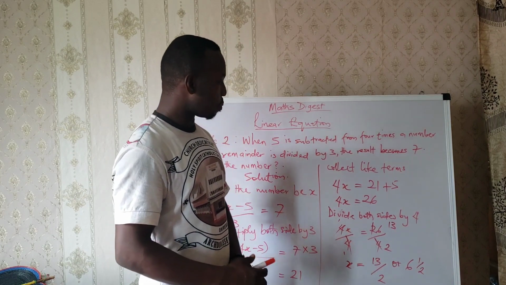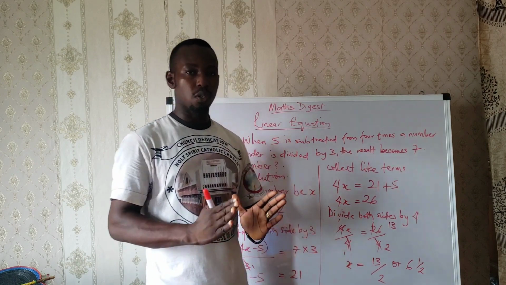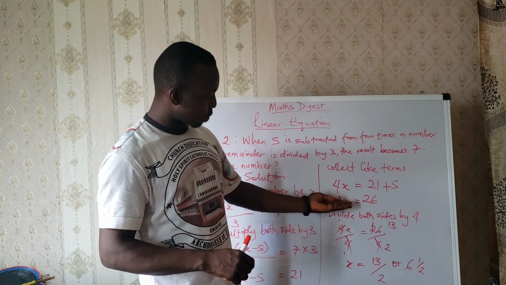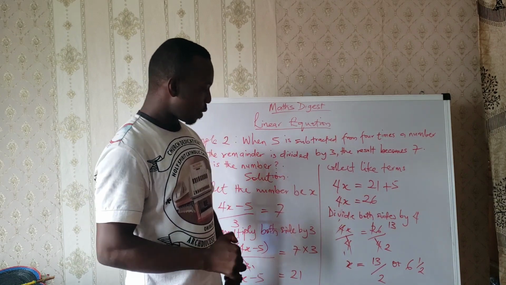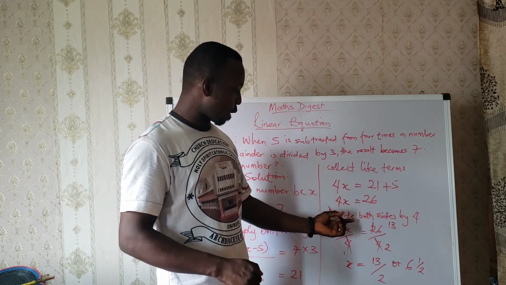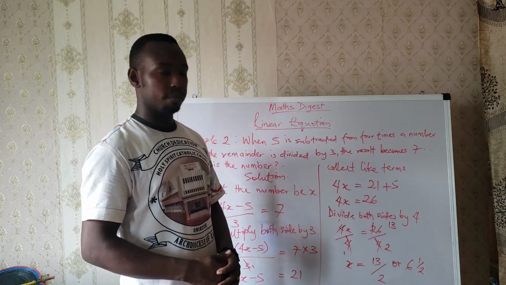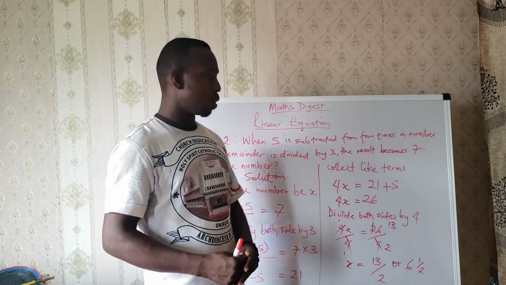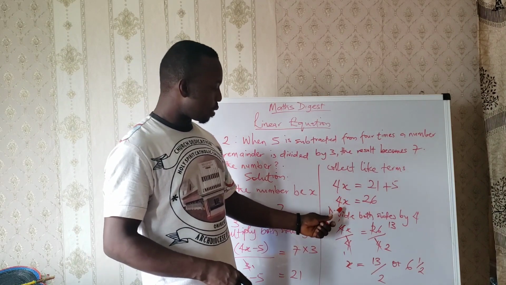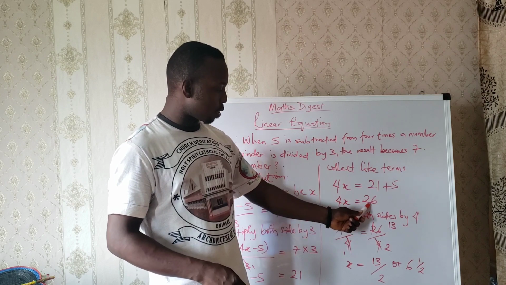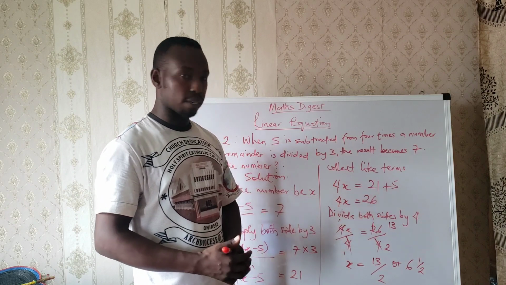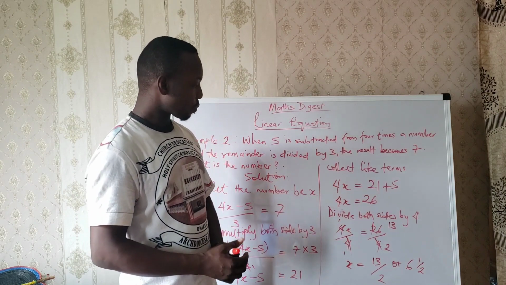Now, sorry for those that find it difficult to understand mathematics. I'm going to explain a little bit. One may ask, what's your choice of dividing both sides by 4? The simple thing there is this. I look at this expression, 4x equal to 26.